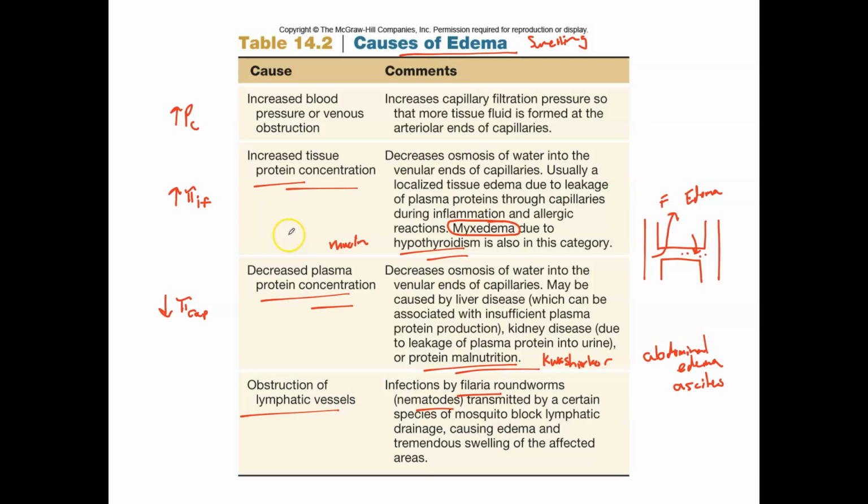So you'll see fluid accumulation in those orbital spaces. Hyperthyroidism, though, can also lead to edema. In hyperthyroidism, you'll see accumulation behind the eyes and it will actually push the eyeballs out. This is known as exophthalmos. And so there are different medical conditions that can lead to edema taking place.